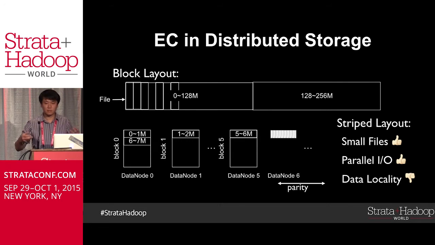You're using multiple disks in parallel, and you're fully utilizing the network bandwidth at the writing client. But the disadvantage is that under this layout, the data locality is not as good as contiguous. Without any network access, you can only access, for example, the first 1 megabyte of data. It's very likely that one record is split among multiple striping units.